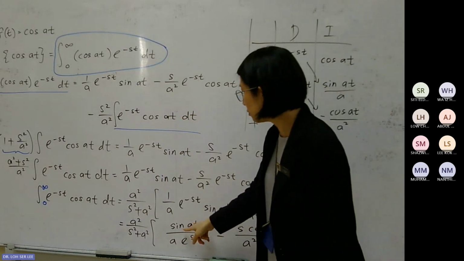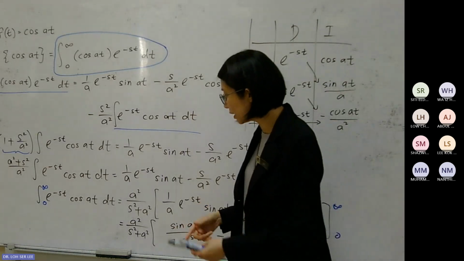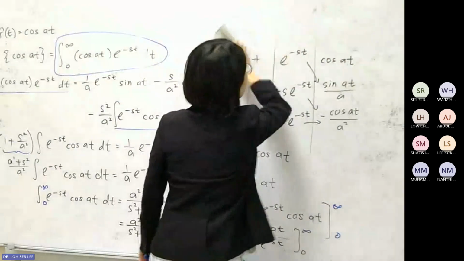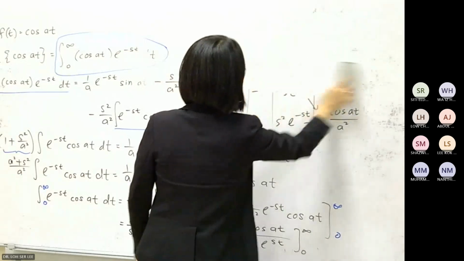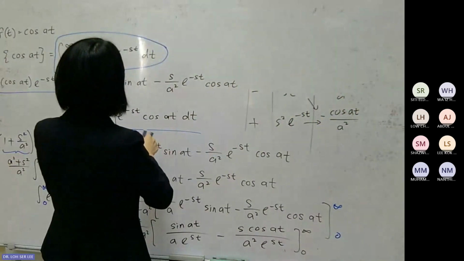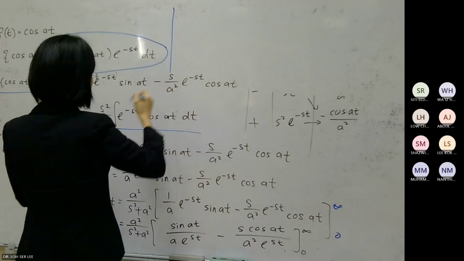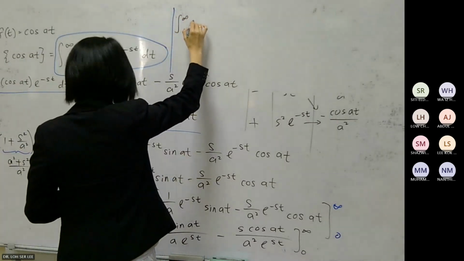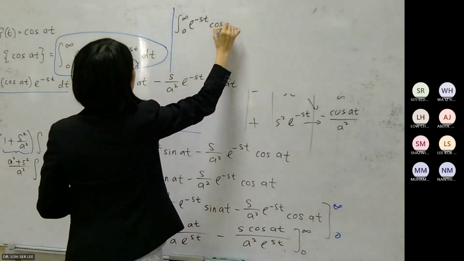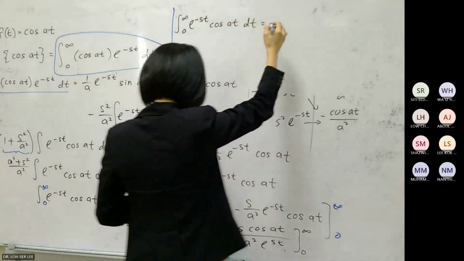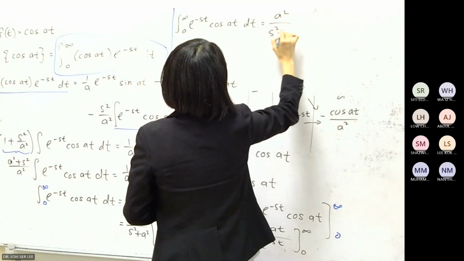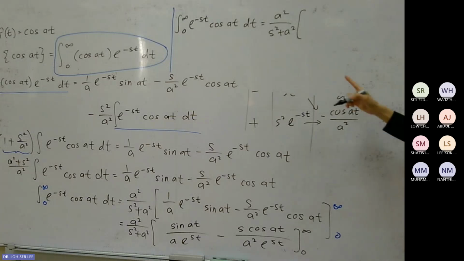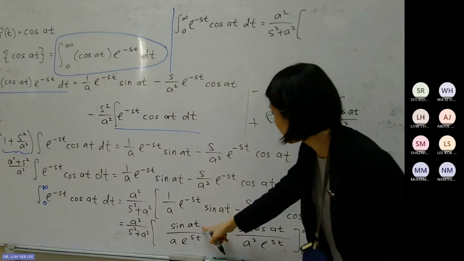A value between -1 and 1 divided by infinity, you get 0. So here, when infinity goes into here and here, you get 0.